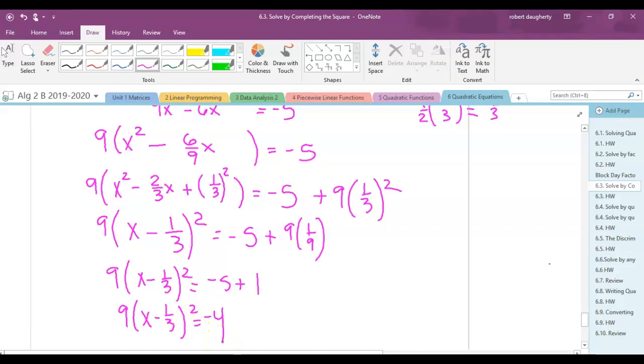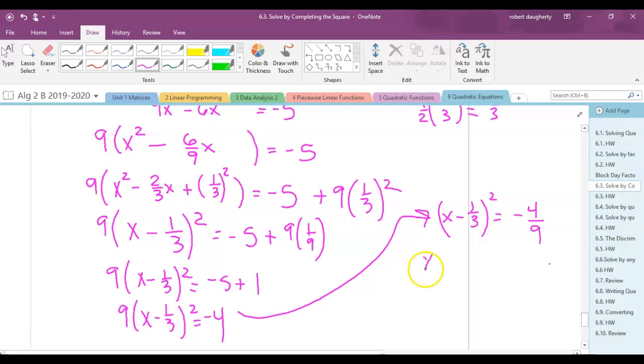Okay, what do I do next? Yeah, divide everything by 9. So x minus 1/3 squared equal negative 4/9. Now what do I do? Take the what? Square root of both sides.